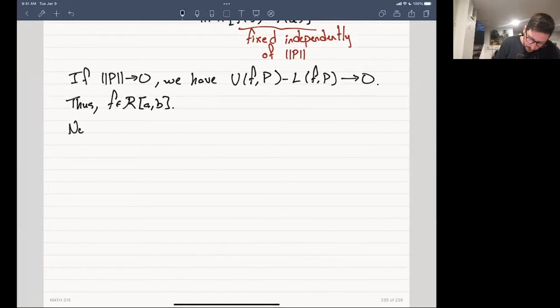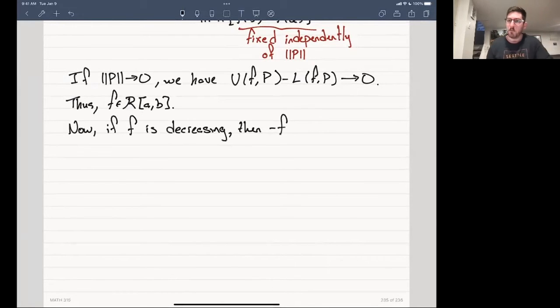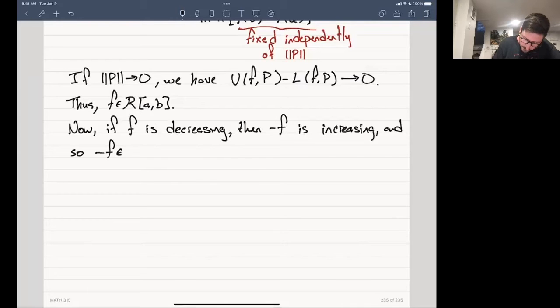So now, if f is decreasing, then minus f, so if I multiply f by a -1, this thing is increasing. And so from above, we know that negative f is Riemann integrable.